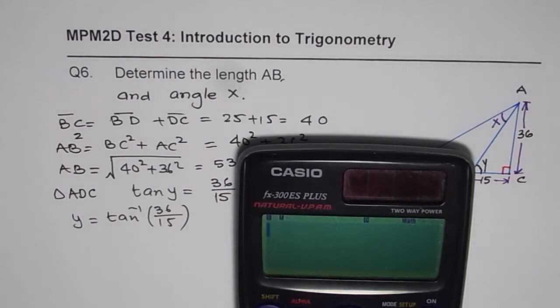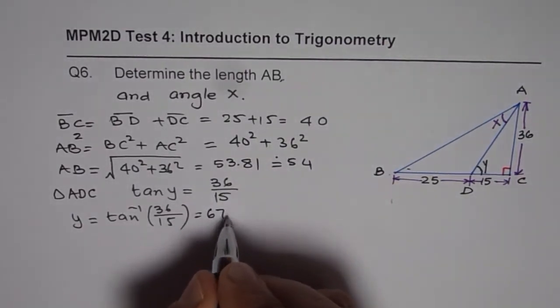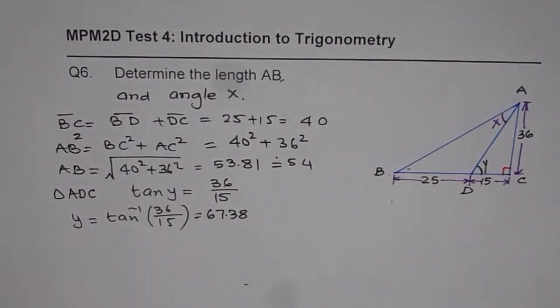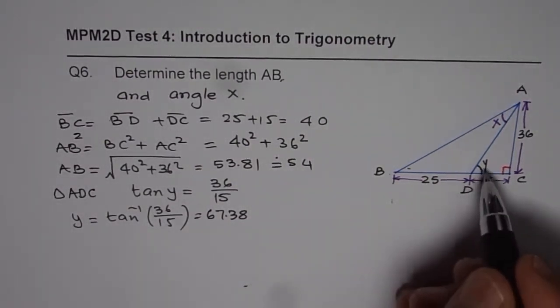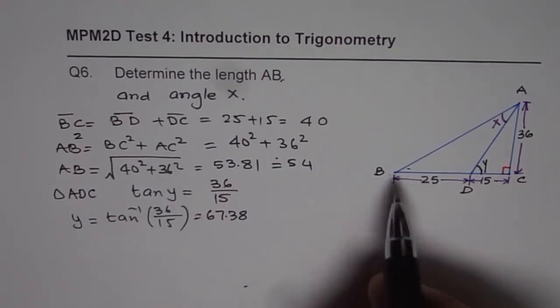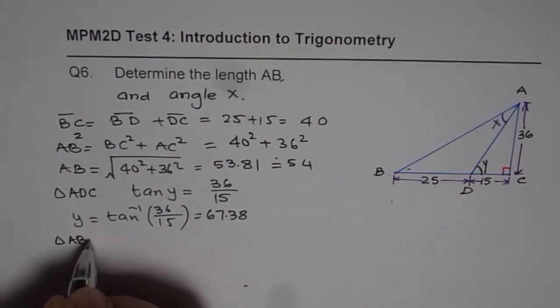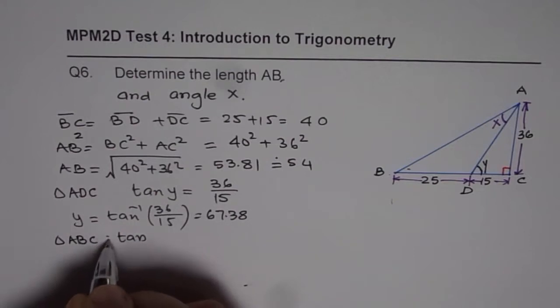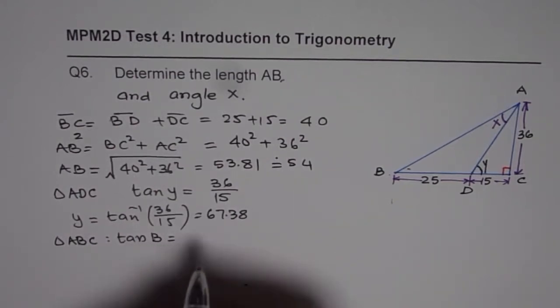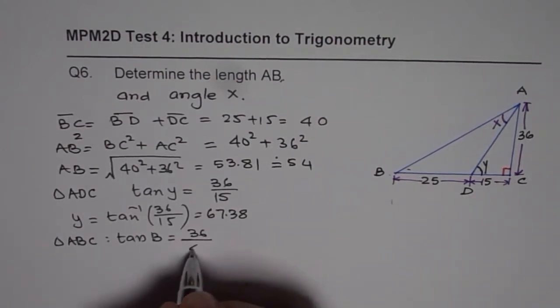Second function tan inverse, 36 divided by 15, bracket close, equals 67.380. Right, so that is the angle Y for us. Let us also find angle B. To find angle B, we can use the big triangle ABC. So in triangle ABC, tan of angle B is equal to 36 over BC. BC is 40.